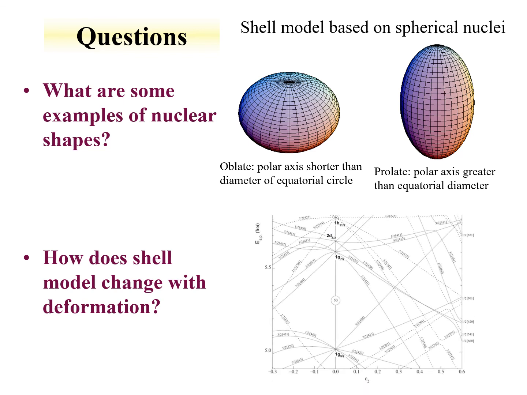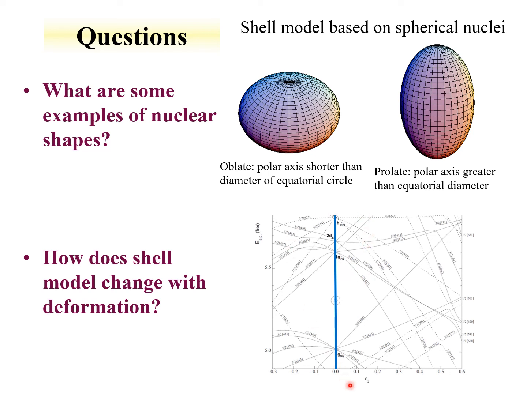And how does this change with deformation, going from spherical to either prolate or oblate? Well, we go from using the shell model, which is shown here right along this line. As it changes, we go to our Nilsson diagram, and these states radically change.